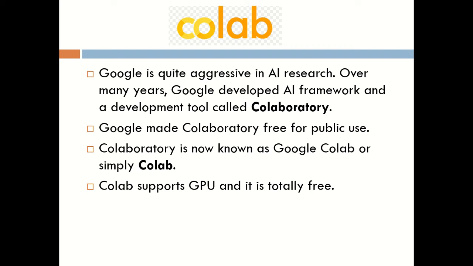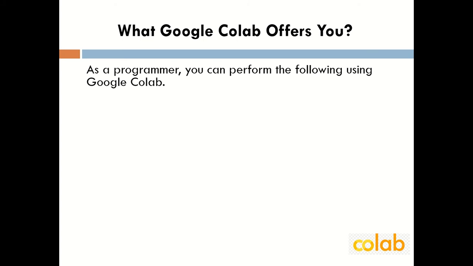One important aspect of Colab is that Colab supports GPU and it is totally free. So any work related to deep learning, or wherever you need GPUs for image purposes or anything, you can use Colab for implementation. Now what does Google really offer you?